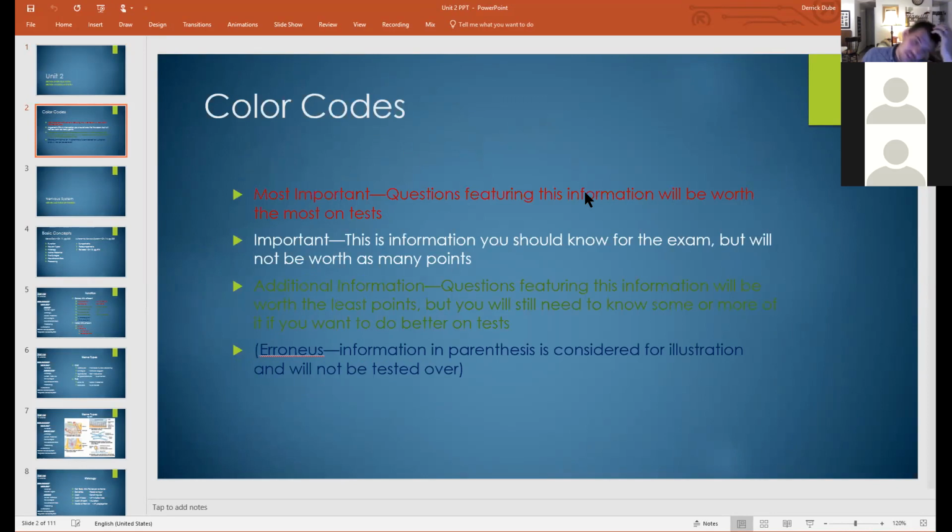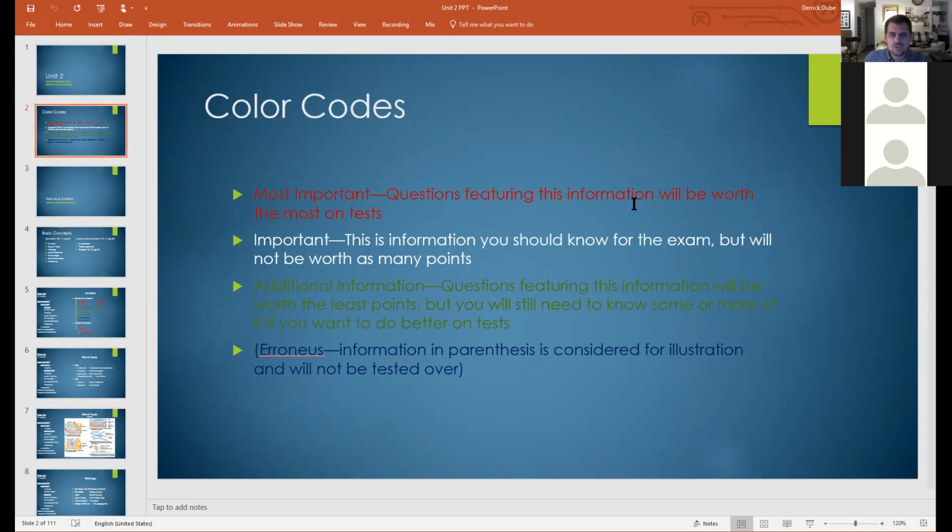All right, so remember the color codes are going to be important as we're going through. Again, usually I use this when I'm making my practical questions or practical images, so for the lab practical, it applies the most there.